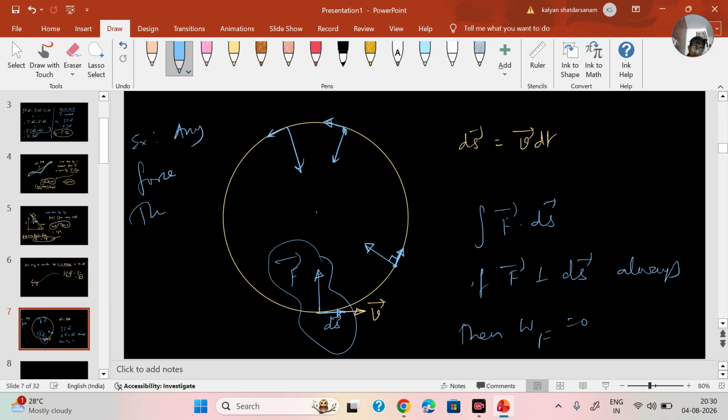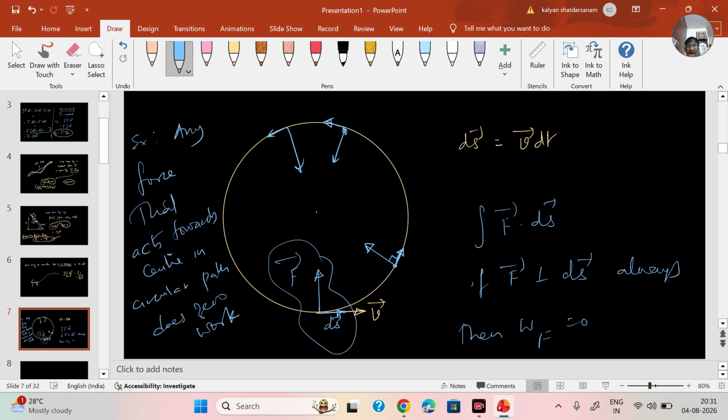Any force that acts towards the center in a circular path does zero work, because every moment the force is perpendicular to the displacement ds. Every moment that small work done will be zero. If you add all such work done, totally you will get zero. So that is special case 2.